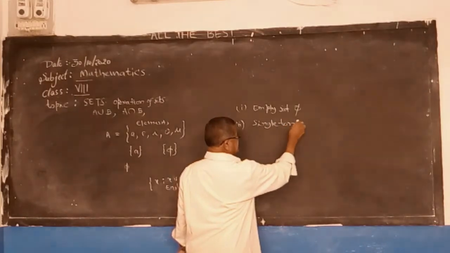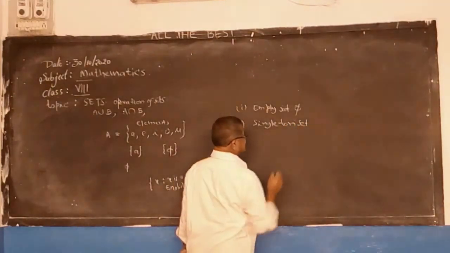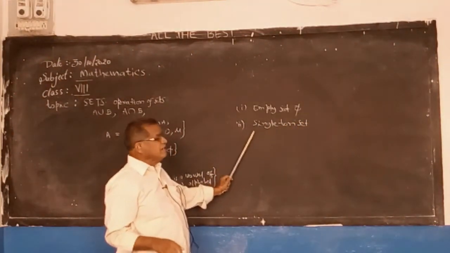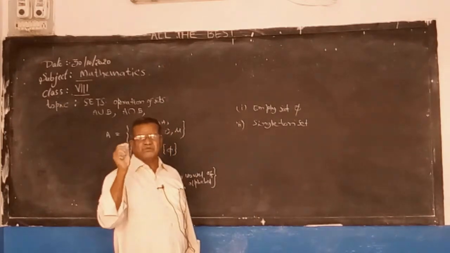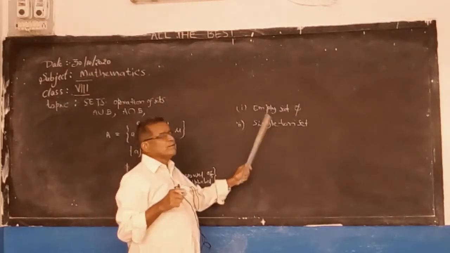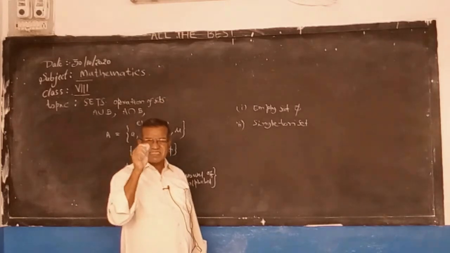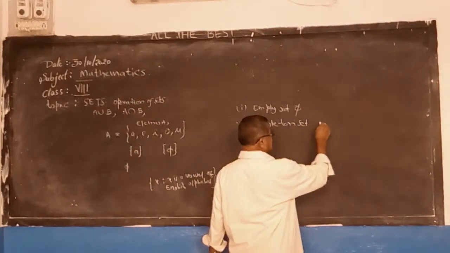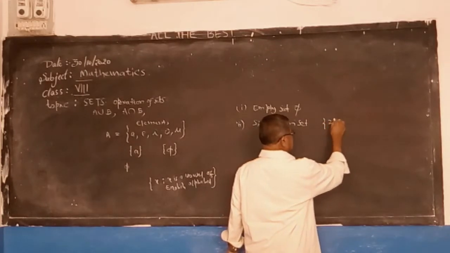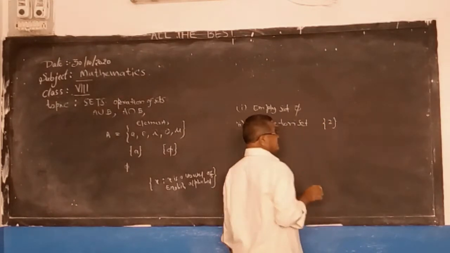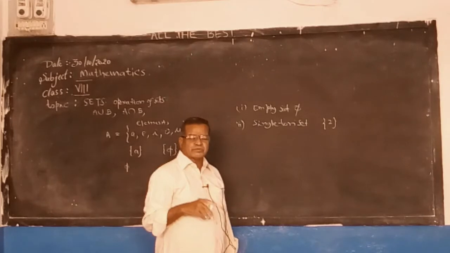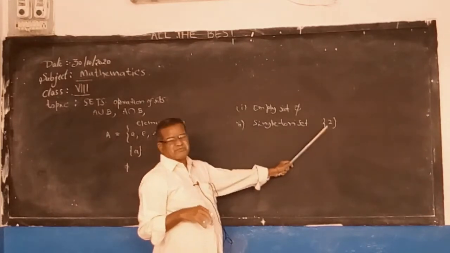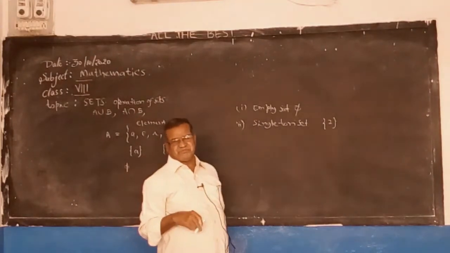A singleton set is a set which contains only one element. Example: 2 is an even prime. Generally all primes are odd except 2. 2 is an even prime.